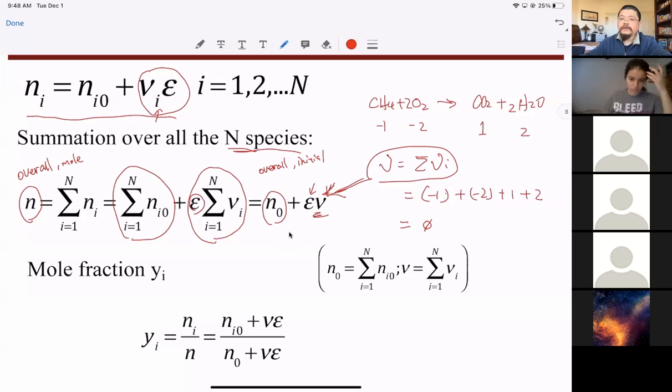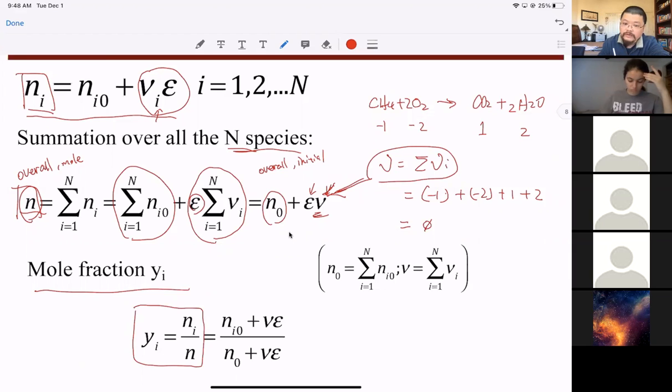If we know each component and we know the overall, then naturally we shall obtain the molar fraction at any moment of the reaction. This is simply the ratio between Ni and N. And then you just plug in. Ni is Ni naught plus nu i epsilon.